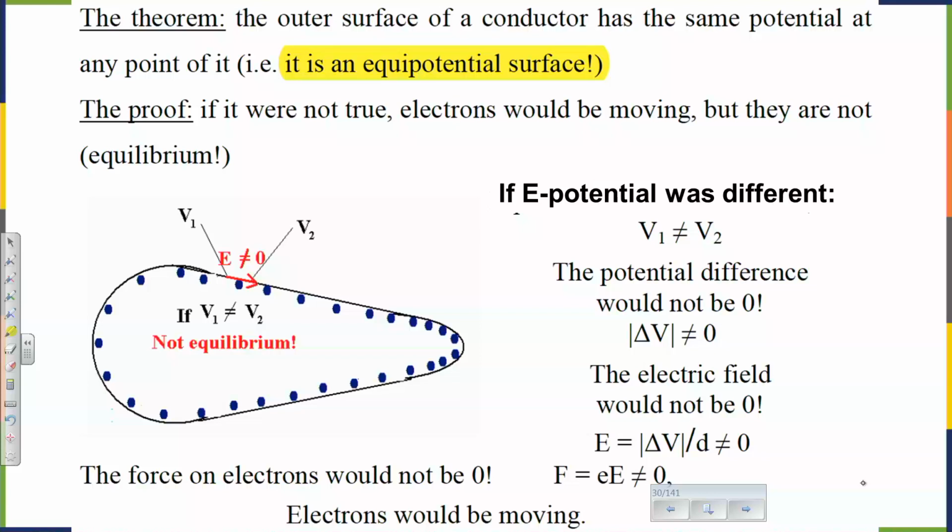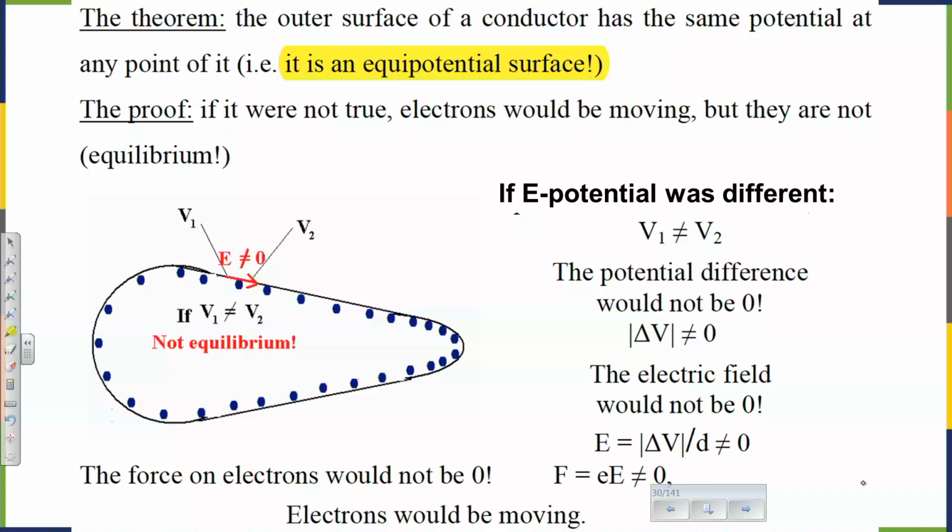Why? Because, well, we put electrons, we wait a fraction of a second, they run away, and eventually, due to internal resistance, they're not moving anymore, they stop. If they stop, that means there is no force anymore acting parallel to the surface.